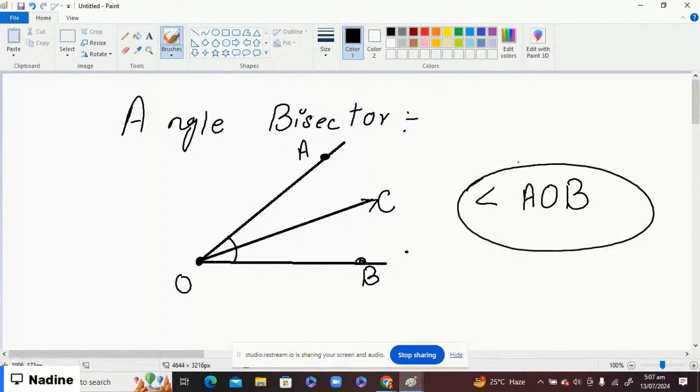What is the meaning of bisector? It cuts the line into two segments. This is the meaning of bisection.